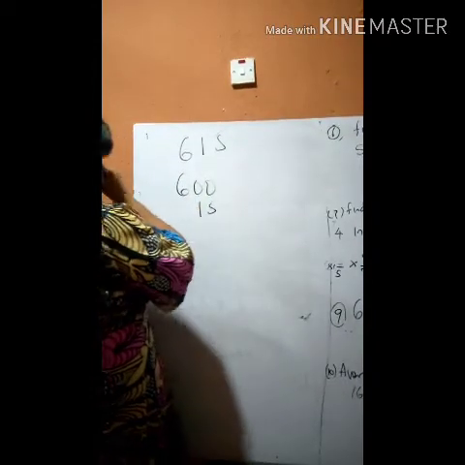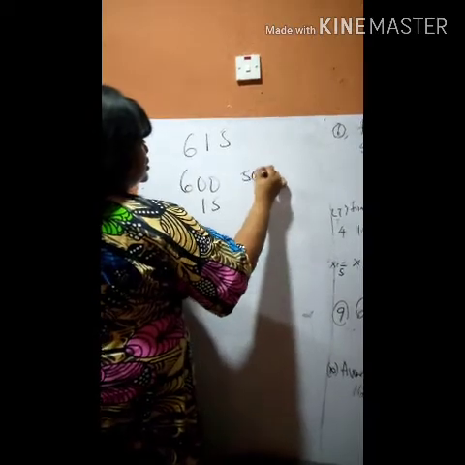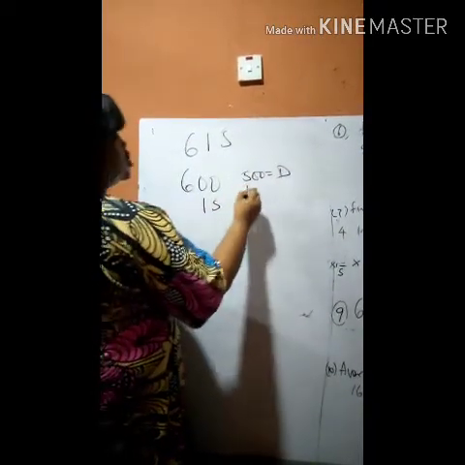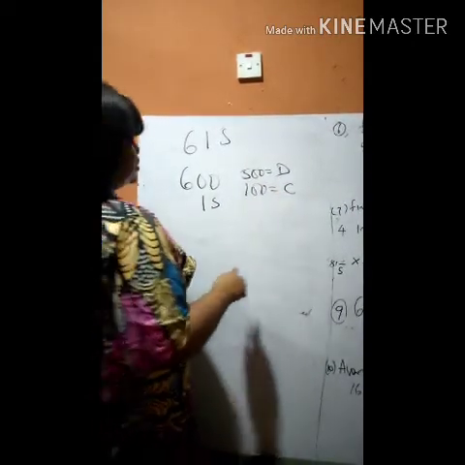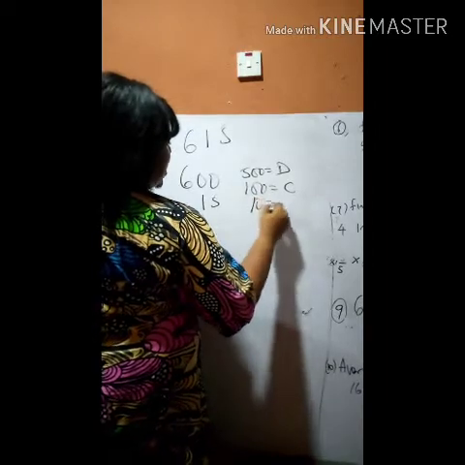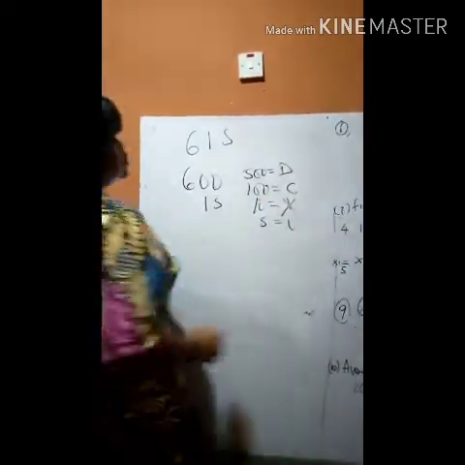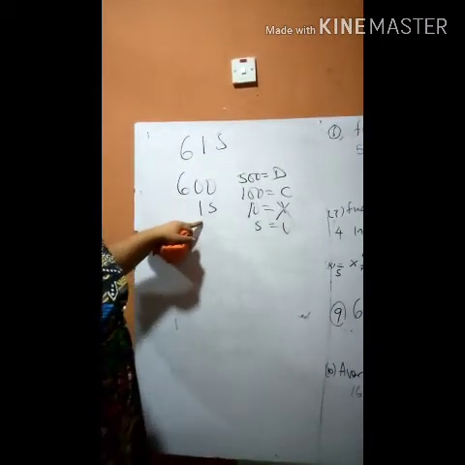Meanwhile, 500 is D. And 500 plus what will give us 600 is 100. 100 is C. And then 15. 10 is X. 5 is V. Do you understand?